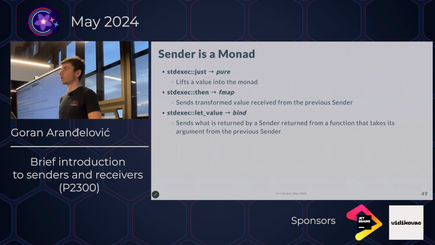So in essence, fmap is what transform is for std::optional and std::expected. Let value is and_then on std::optional and on std::expected. Sure? Yeah. Are you sure? Okay. Bind is and_then, and fmap is transform, in every other thing apart from senders.